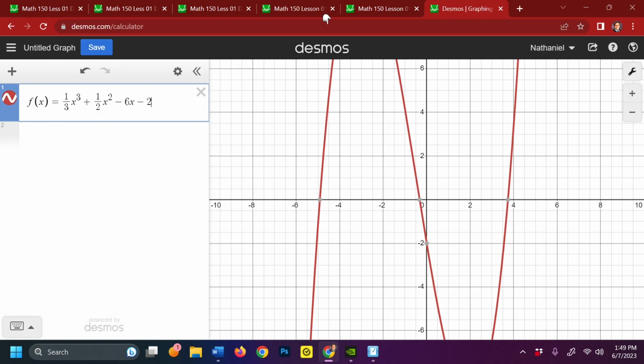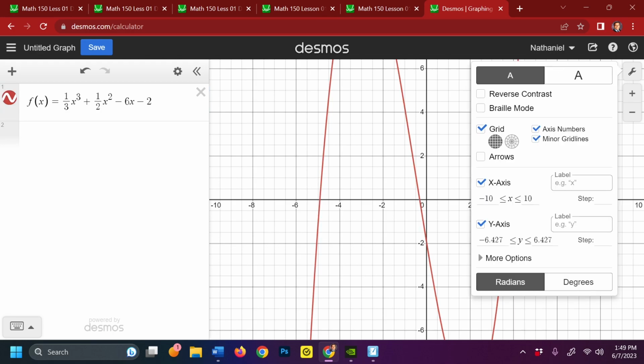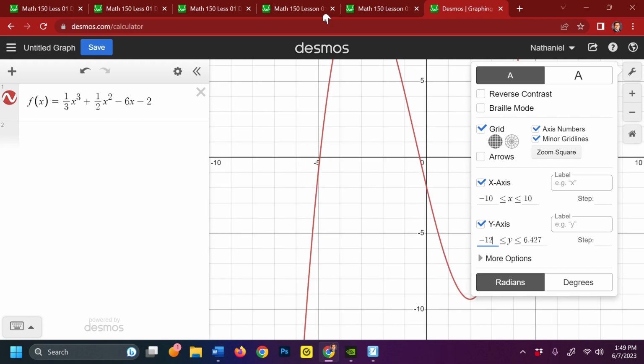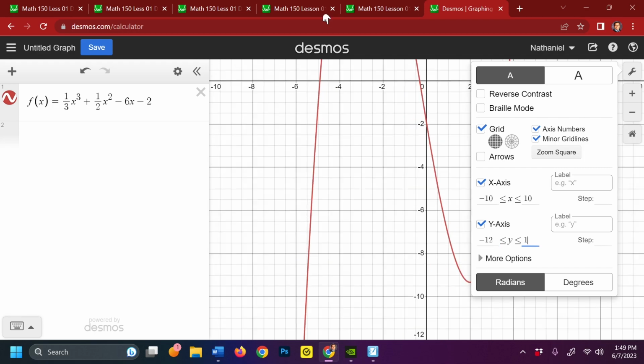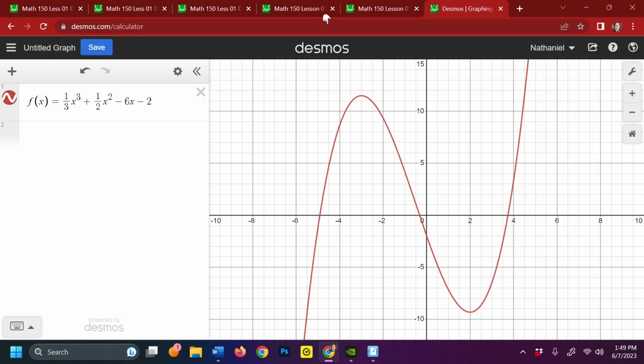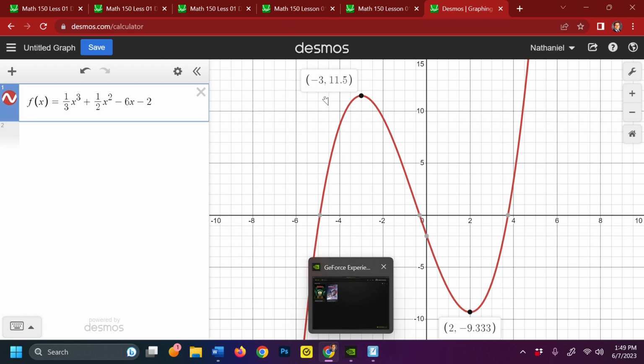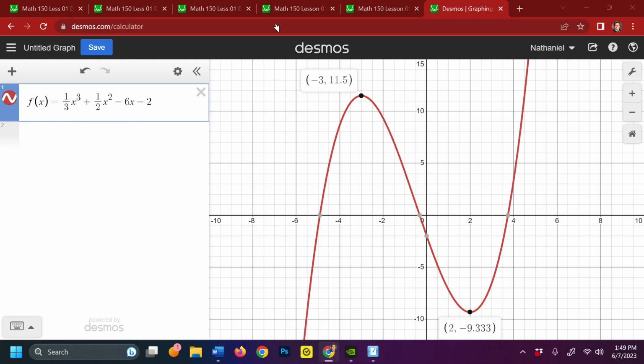But let's zoom out on my y's just a little bit. Let's go like negative 12 to, we'll say, positive 15 on the y's. There we go. Now we can see everything. And so Desmos allows me to get close and just click on my maximum and my minimum. So in this case, I have a maximum at negative 3, 11.5. So let's write that down first.